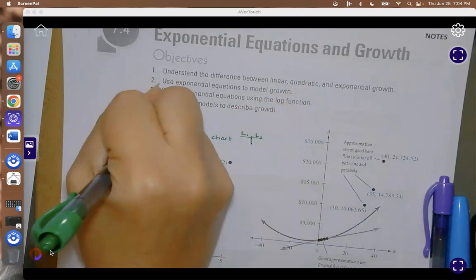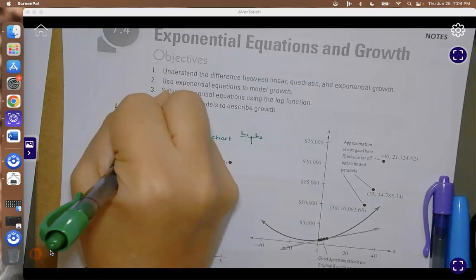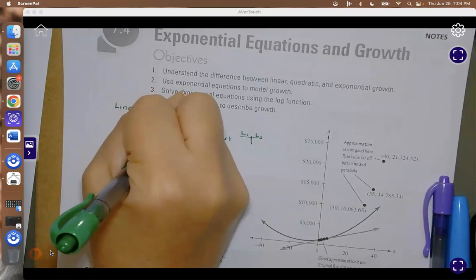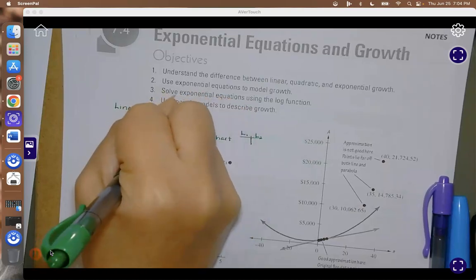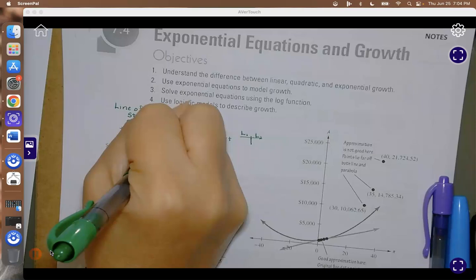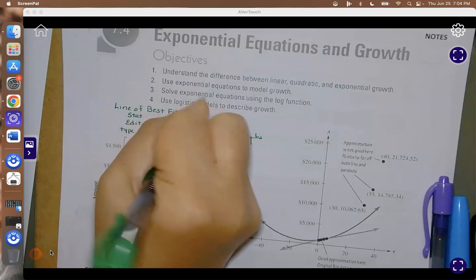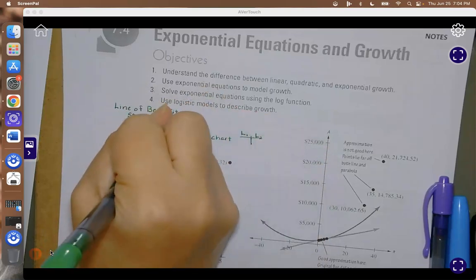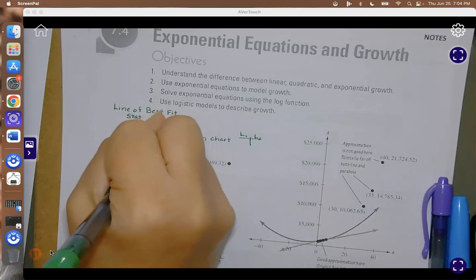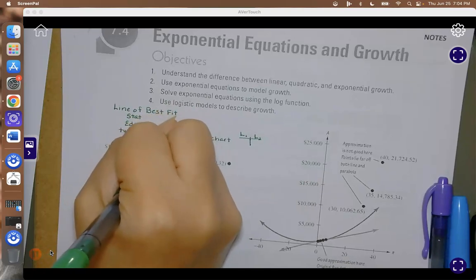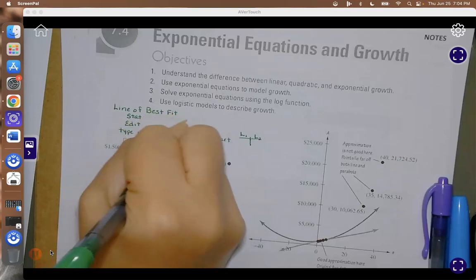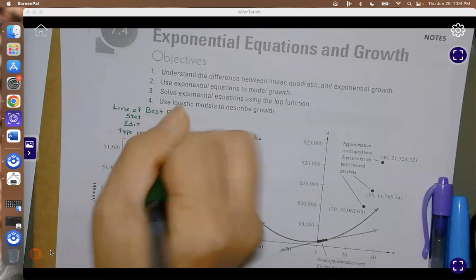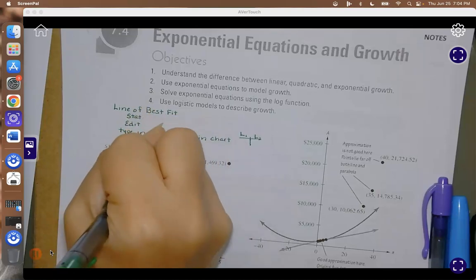And then once we had all of our ordered pairs typed in, we would go to Stat, over to Calculate, Option 4, which was linear regression, and we would scroll down to the Calculate, make sure that was highlighted, and then we would hit Enter.